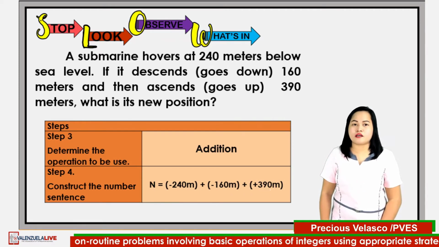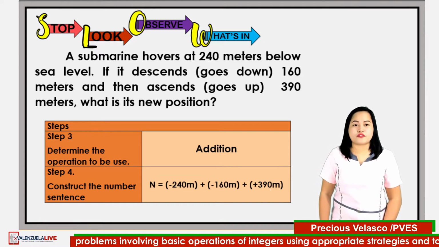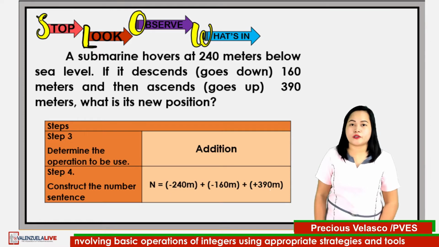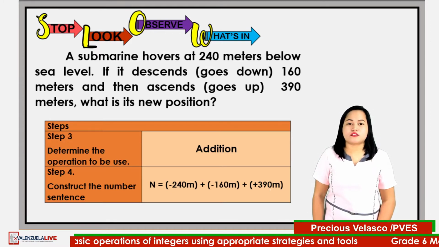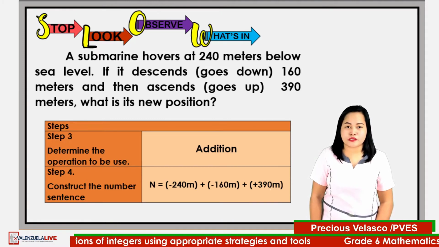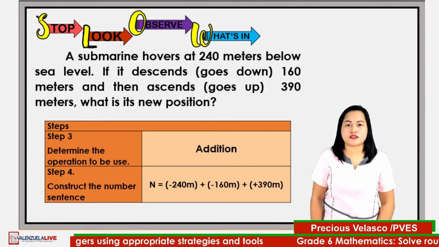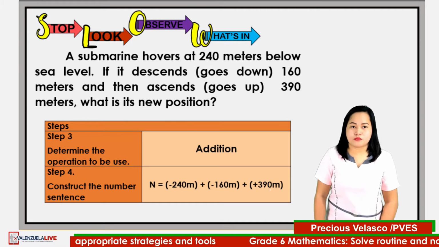So in this problem, we are going to use the addition process, or the operation of addition, and we are going to write our number sentence like this. So we have n is equivalent to (negative 240 meters) plus (negative 160 meters) plus positive 390 meters.